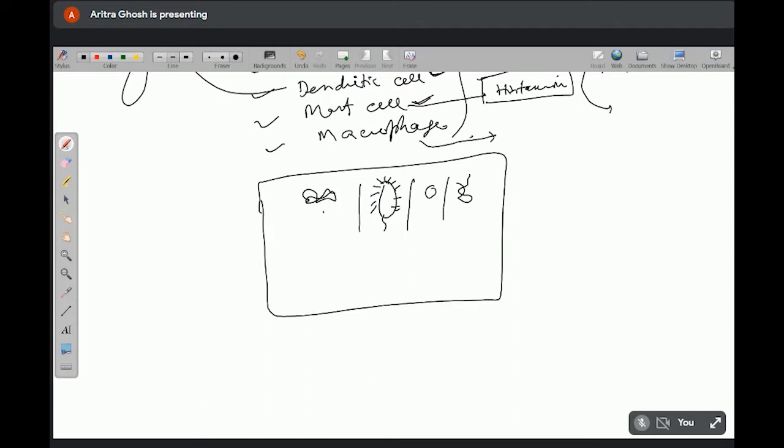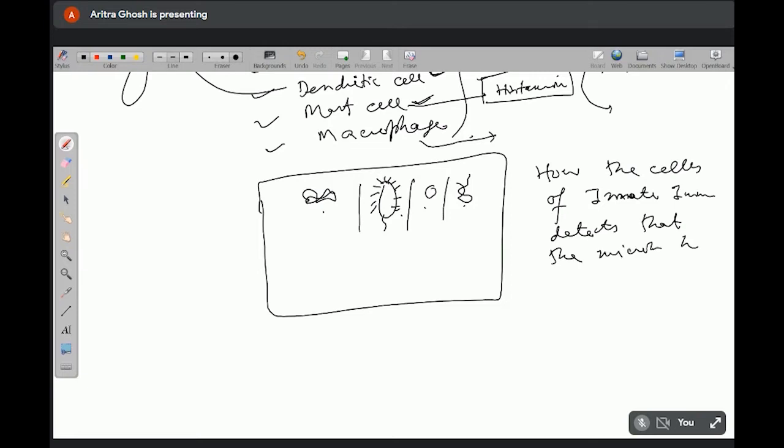Suppose I am suffering from a throat infection by streptococcal bacteria. It has happened to me, but our defense mechanism is there. In my life streptococcal bacteria have entered many times, many times I came across such bacteria, but my defense mechanism was so strong that I had no complaint.